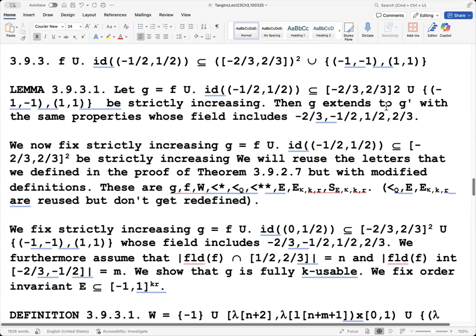So I let G be like this. Then G, I can extend G so that, and this is always useful to have, the field includes minus two-thirds, one half, and two-thirds. And this is easy to do. Keep it strictly increasing.